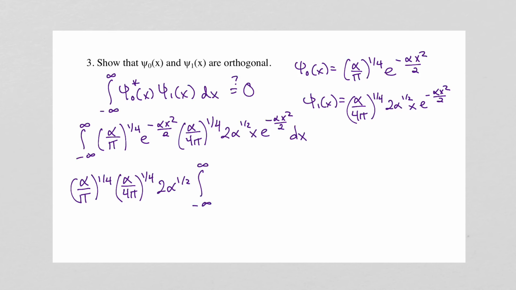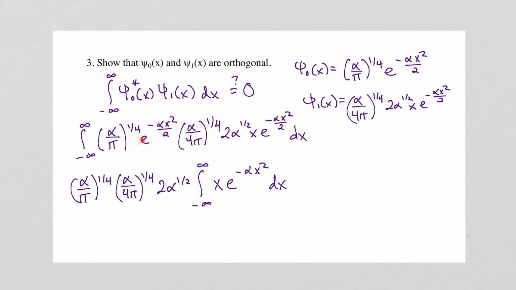So once we pull out all of our constants, so our alpha over pi to the 1/4, our alpha over 4 pi to the 1/4, and our 2 alpha to the 1/2, that leaves us with x times e to the minus alpha x squared dx.